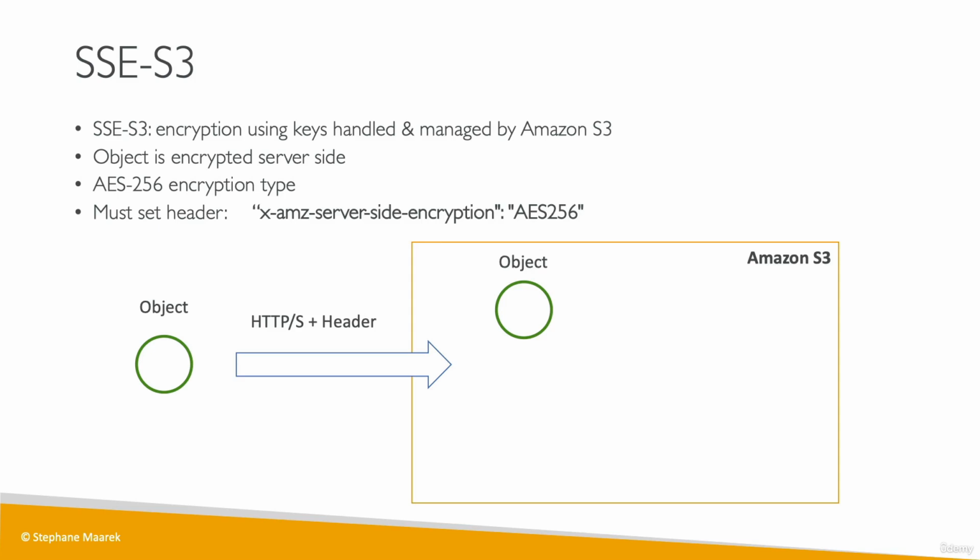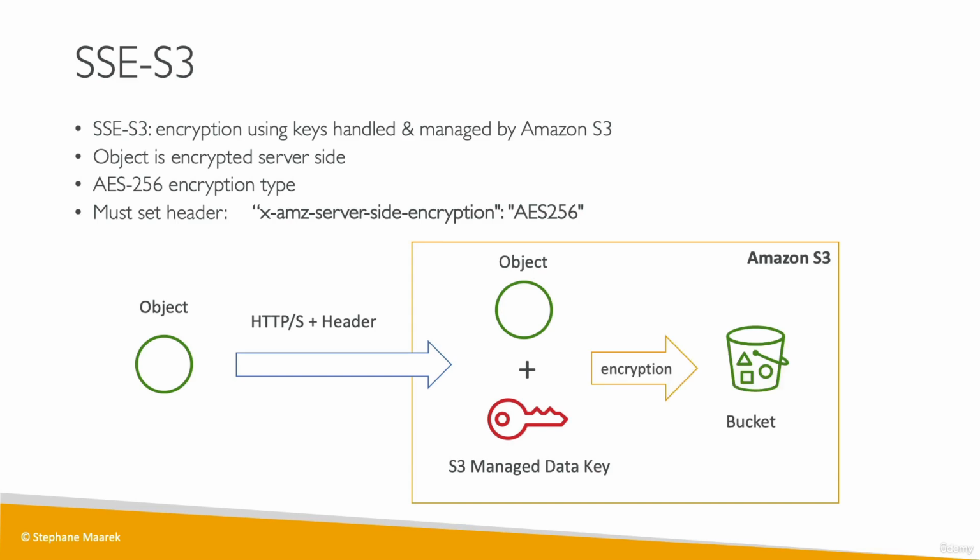And then Amazon S3, thanks to this header, knows that it should apply its own S3 managed data key. And using the S3 managed data key and the object, some encryption will happen and the object will be stored encrypted into your Amazon S3 bucket. Very simple. But here in this instance, the data key is entirely owned and managed by Amazon S3.